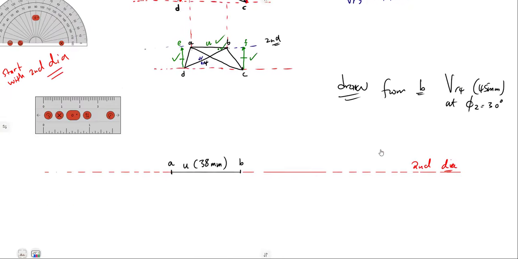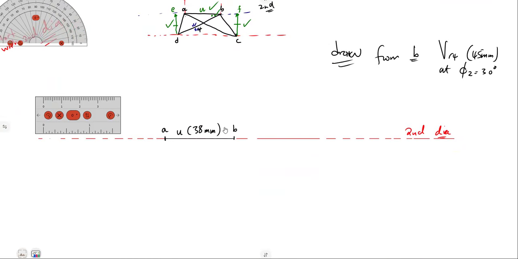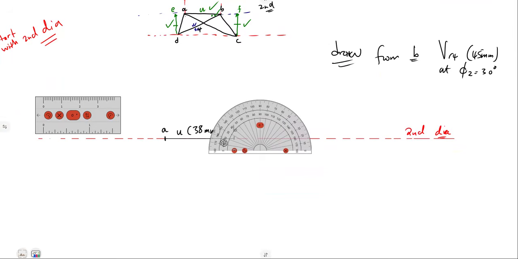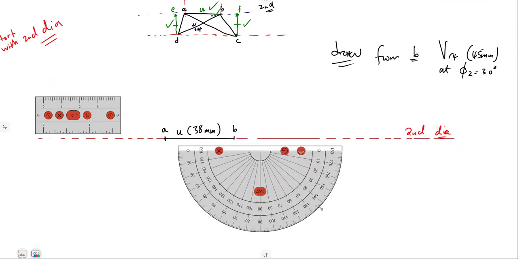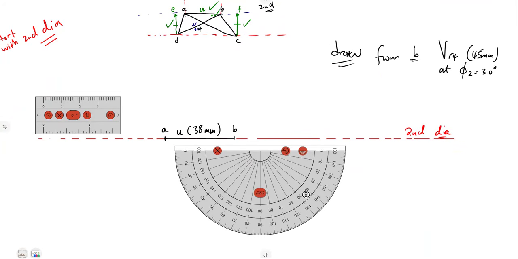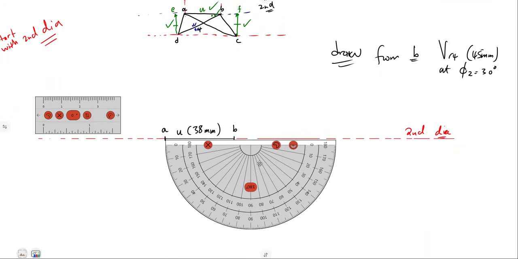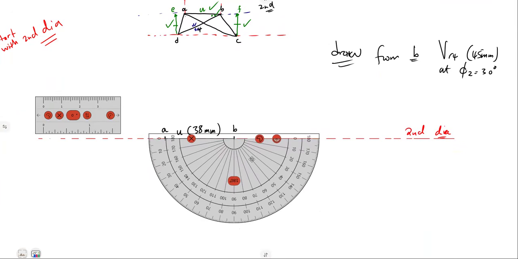So we are going to measure from point B. Let us place the protractor as it is like this, at point B, as you can see.